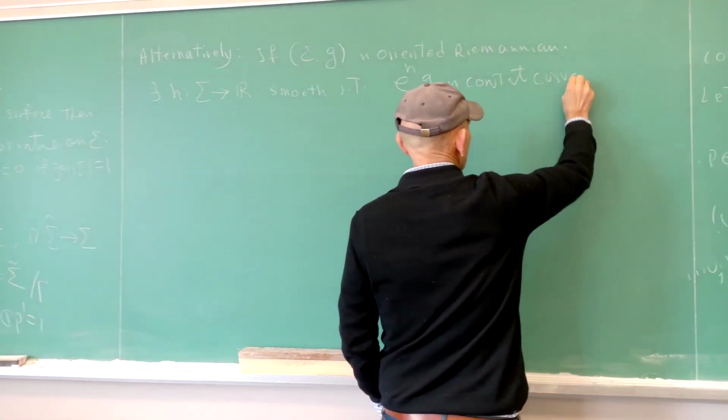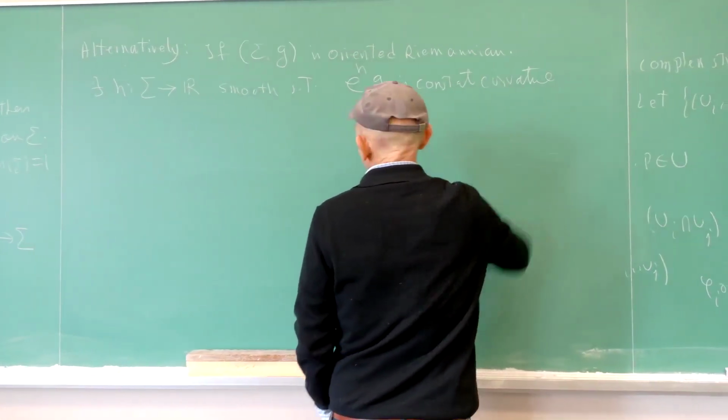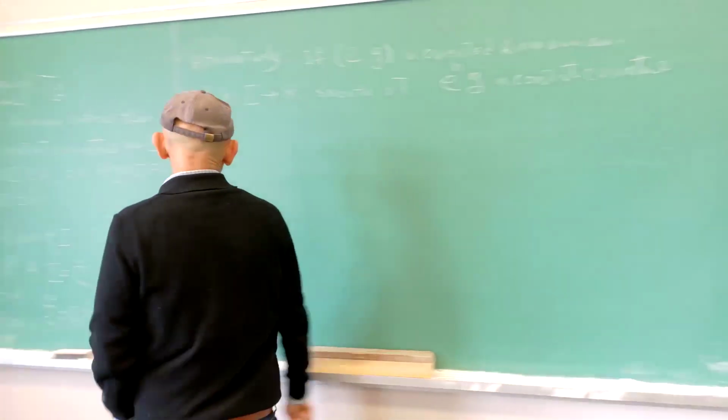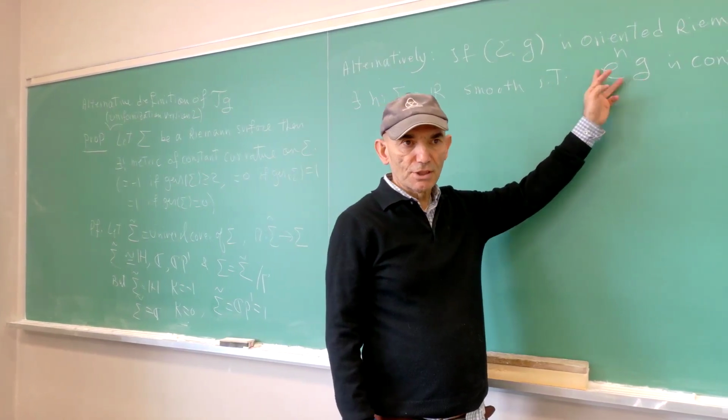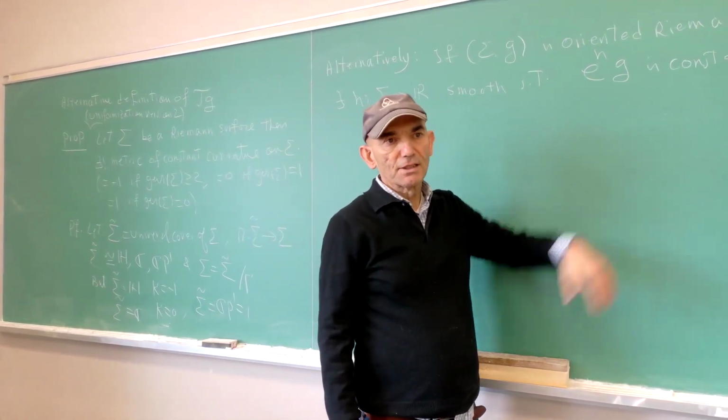So in other words, you can always conformally perturb your metric such that it's a constant curvature metric.